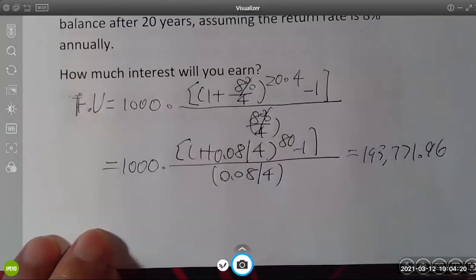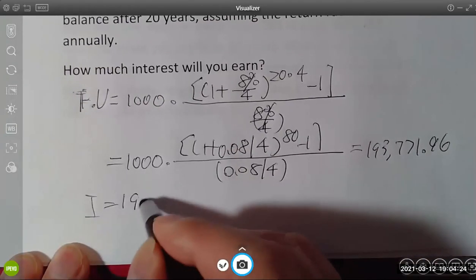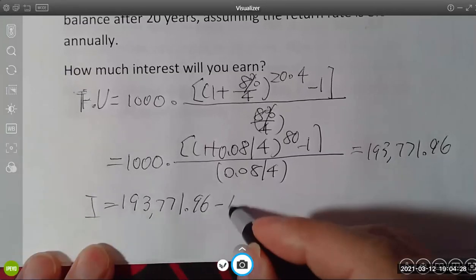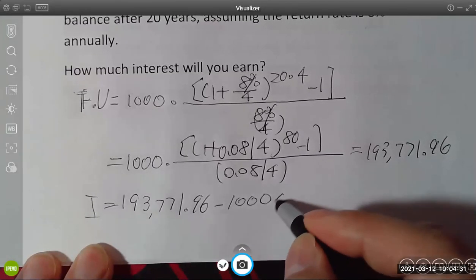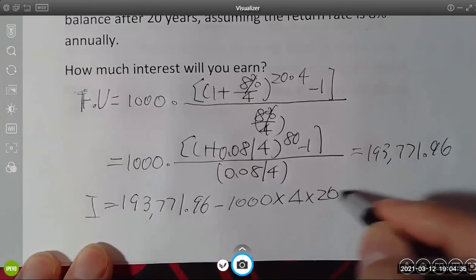We also need to find the interest. So interest equals total account value subtract total deposit. We do 1,000 per quarter, but there are 4 quarters a year, and we do it for 20 years.